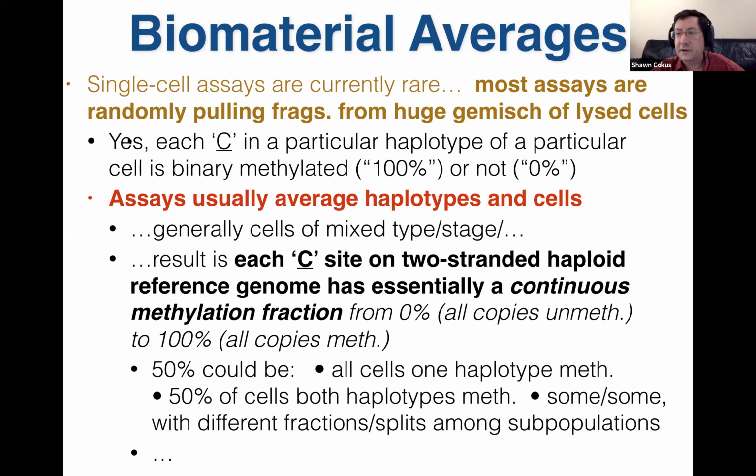That's all we know. But sometimes the interpretation of that is tricky. And sometimes people tweak the assays to limit it to particular things, particular haplotypes. Whatever you have to do, if you're concerned about those details, you have to find some way to detangle it.